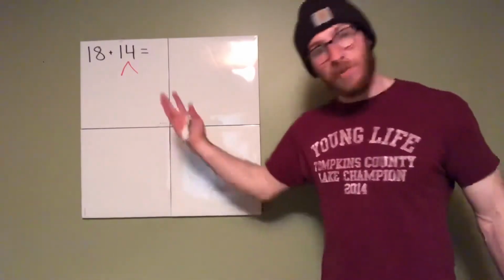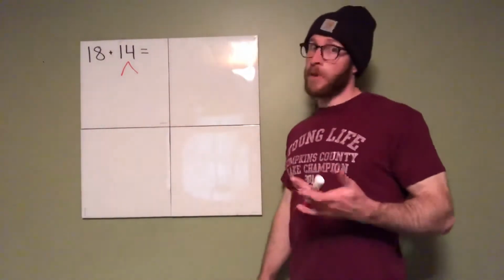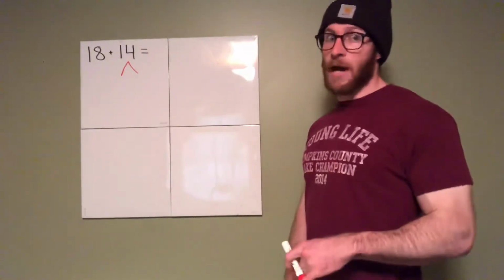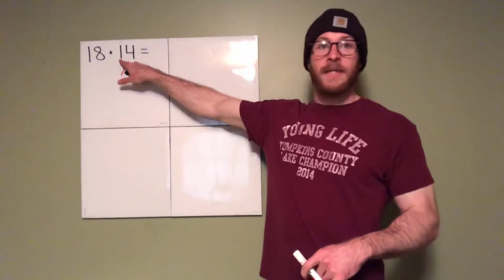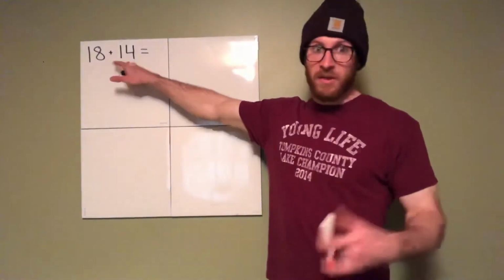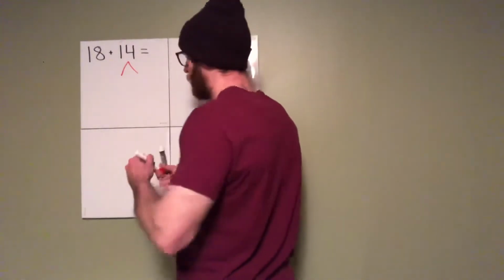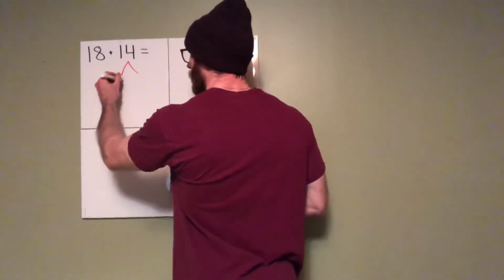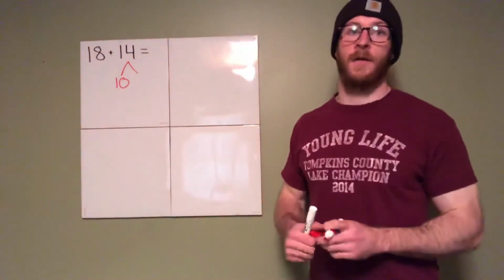Now, what am I splitting my 14 into? You tell me. I want to split into my tens and ones, so how many tens do I have in the number 14? I look right in my tens place, I have 1 ten, so that must be 10. Now, how many ones are in the number 14?